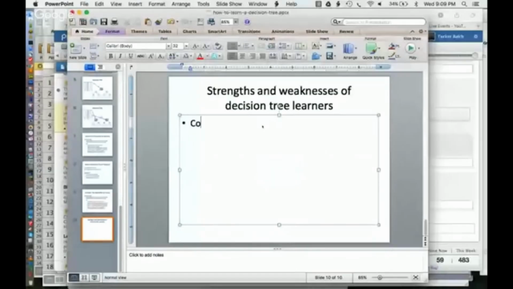Cost of learning. If you compare, for instance, what's the expense of creating a decision tree compared, say, to creating a KNN learner? So we went through this fairly complex algorithm about how to build a decision tree, and as you can see, it can be expensive.